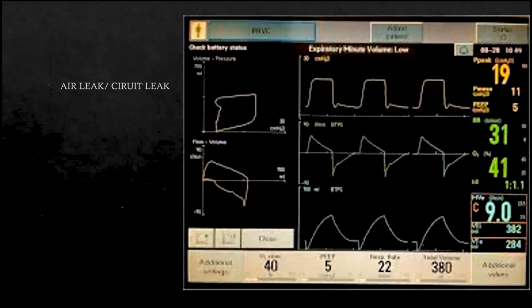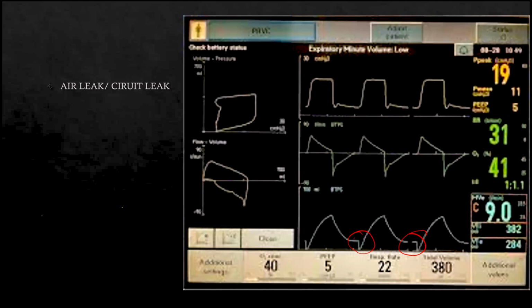This is the typical picture. You cannot find it on the flow scalar or on the pressure scalar, but you typically find it on the volume scalar, where there is an abrupt cutoff and a precipitous drop in the rest of the expiration because of the leak.